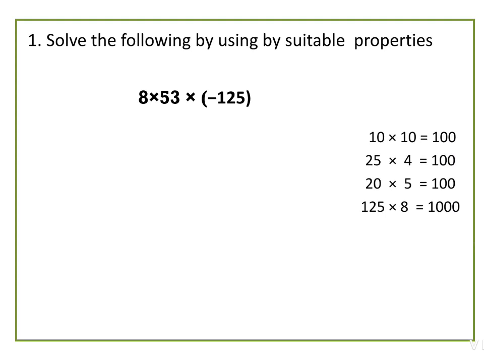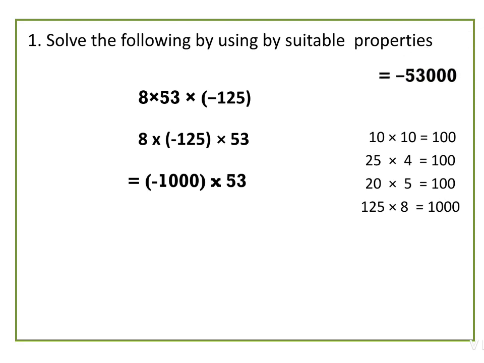So we group this 8 into 125. 8 into -125 here, so we write it as -125 into 8 into 53. 8 into -125 we can simplify as -1000. -1000 into 53 equals 53,000. The sign should be negative, -53,000. By using this table, we can find the answer very easily.